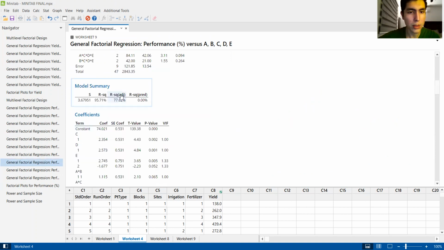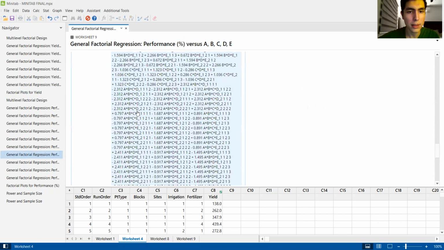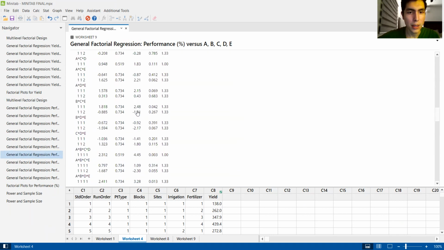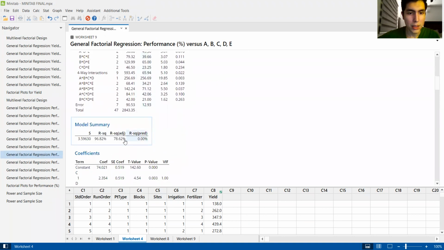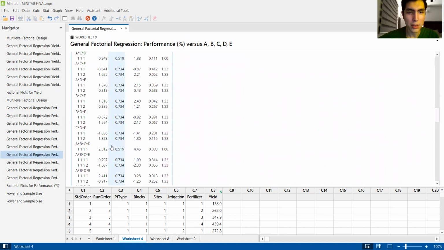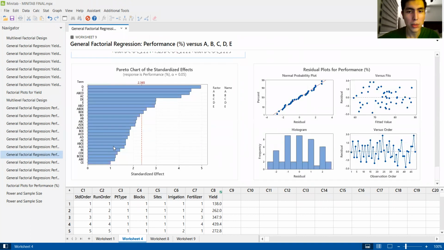The best R square adjusted and R square that we could get were 78.62% and 96.82%. So this is the most improved model that I could get by adjusting it. We can see here the normal probability plot and the versus fit, all correct.